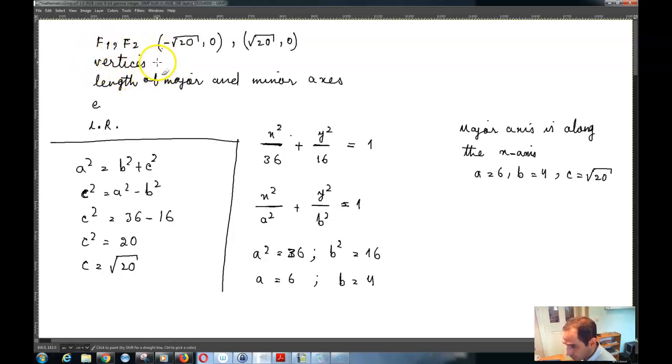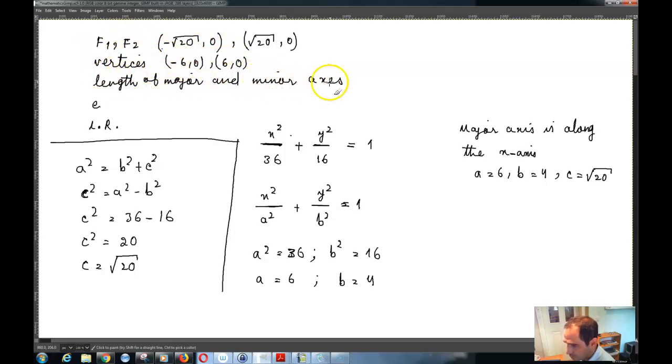Now the vertices are at a distance a away from the center. Since a is equal to 6, you have negative 6 comma 0 and 6 comma 0 as the coordinates of the vertices.